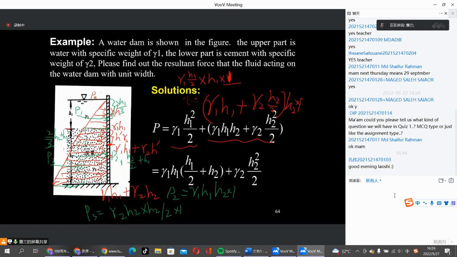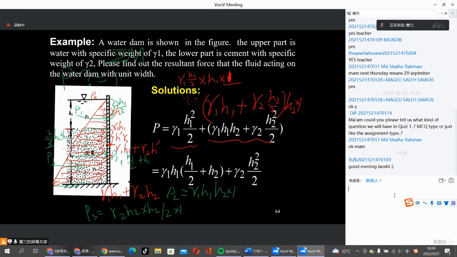And so we know P1, P2, P3, and their acting points, and then we use the moment equation. We need to find the total pressure force P times the distance. We don't know the distance, okay? It will equal the summation of the moment by each force, right?